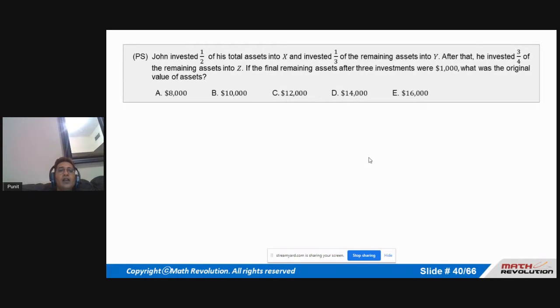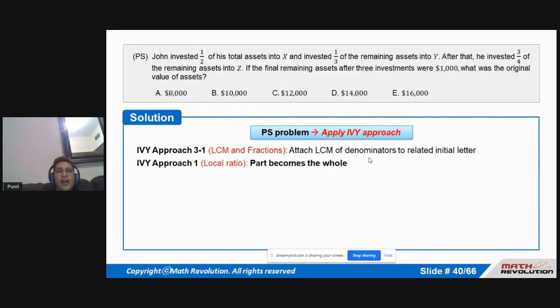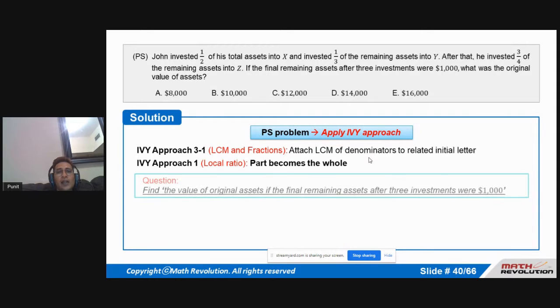If the final remaining assets after three investments were $1,000, we need to find the original value. Without delay, let's apply the IV approach. We know LCM and fractions: we need to attach the LCM of denominators, and definitely the part becomes whole. The question is, find the value of original assets if the final remaining assets were $1,000.